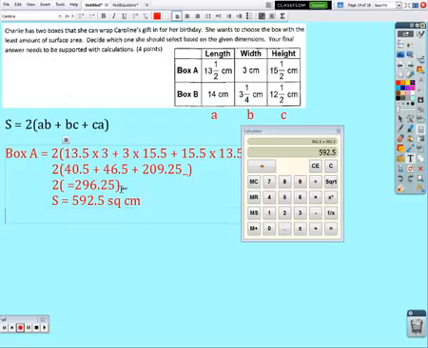Now I'm just going to set up the next one because the bell's going to ring here momentarily. That's going to be box B. My backspace key does not work, which drives me nuts.